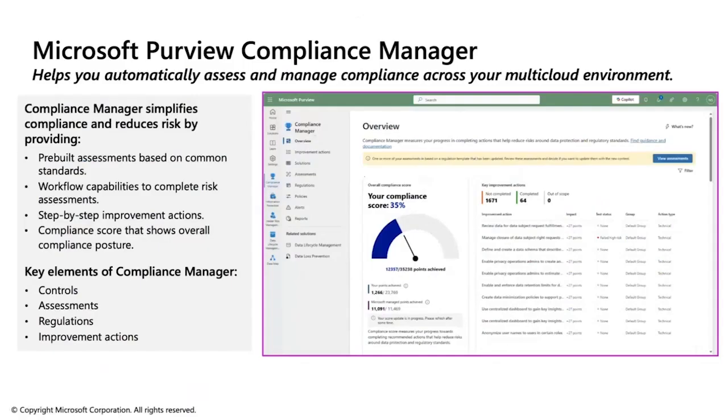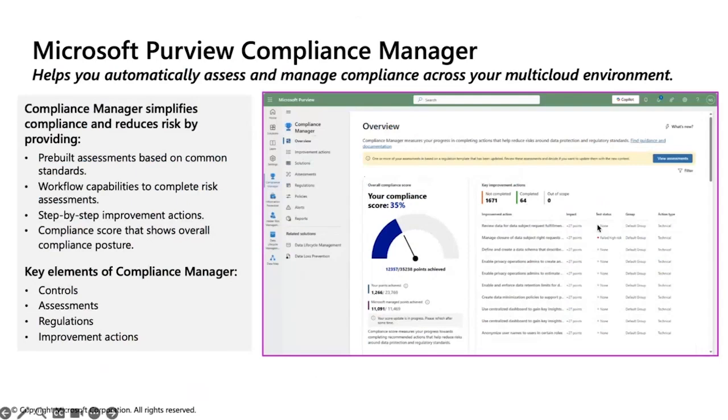For that, you can go to Assessments and create an assessment for your organization, selecting GDPR compliance, and then assess the environment based on GDPR to see what is implemented and what is missing. In the Regulations tab, you can see how many regulations Microsoft is following in this organization, and the list of regulations is here. Improvement actions will give you the current improvement actions based on the standard you have selected.